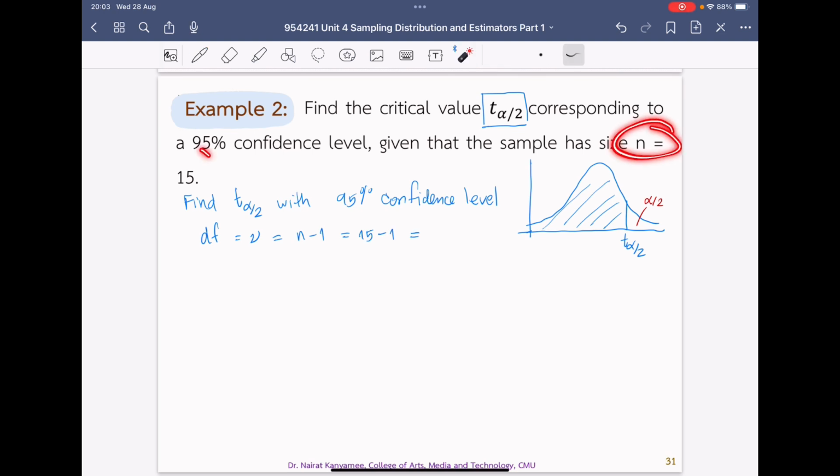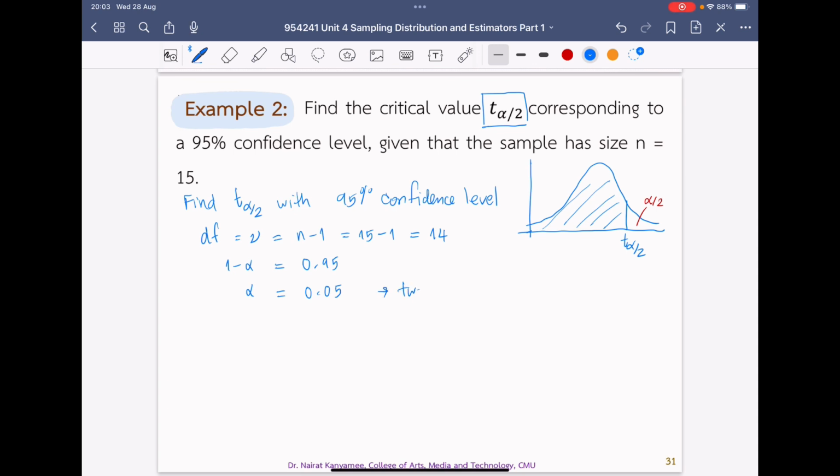So the degrees of freedom is 14. Then 1 minus alpha is given as the 95% confidence level, so this is 0.95. Alpha is 0.05, since 1 minus 0.95 is 0.05.